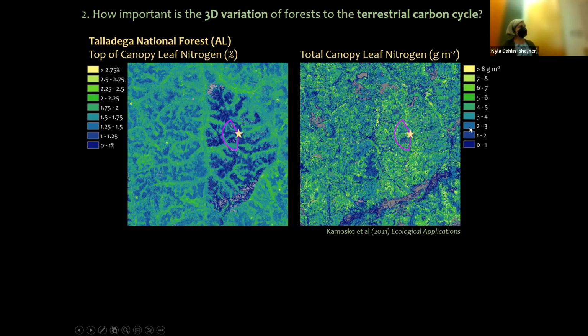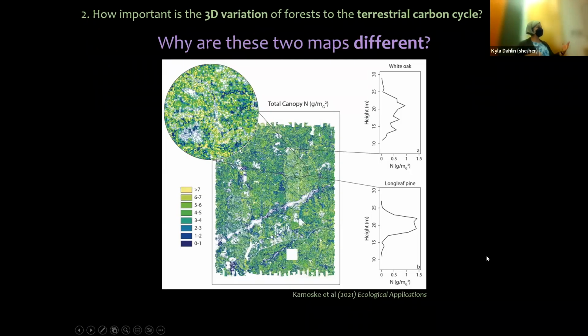And the reason that it looks flat is basically because the white oaks and the longleaf pines, when you add up all of the nitrogen that we're looking at up in their leaves, it ends up being about the same in total. It's just allocated really differently.